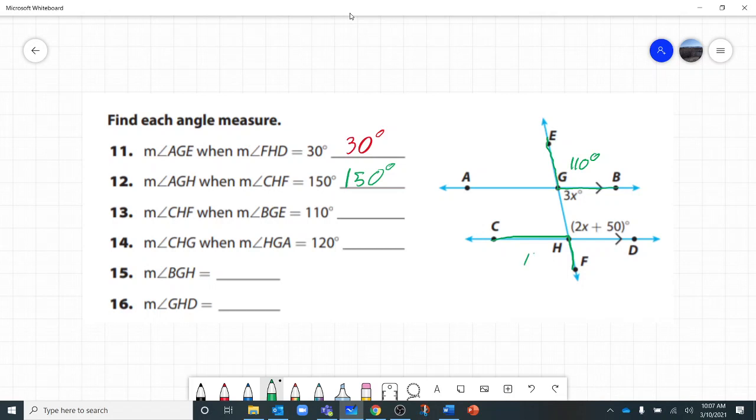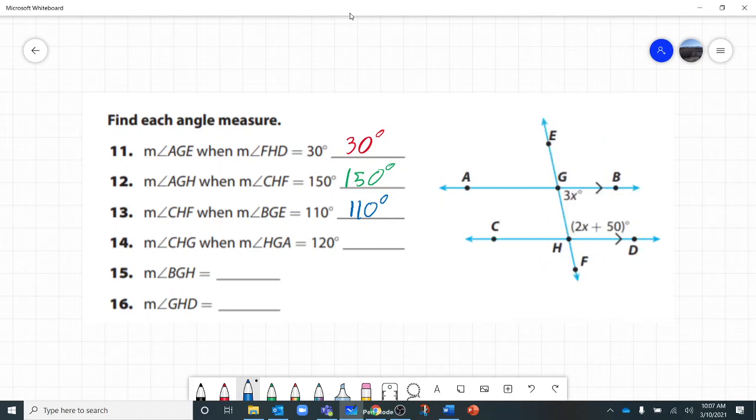So this one is also 110 degrees. They're really not making this very challenging. So 110 degrees. And if you wanted to see this, you could kind of cut it and then they would be vertical angles, right? But anyway.